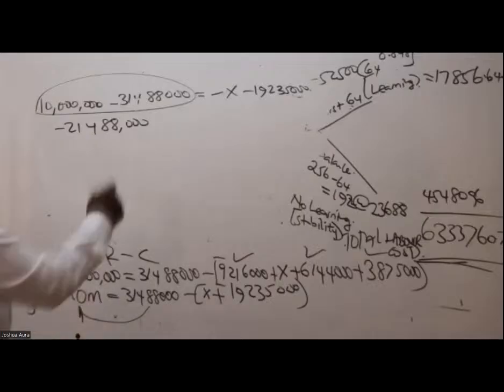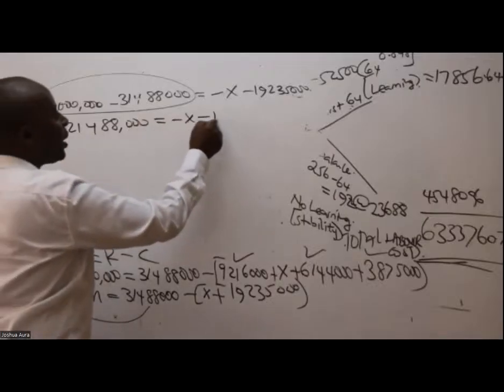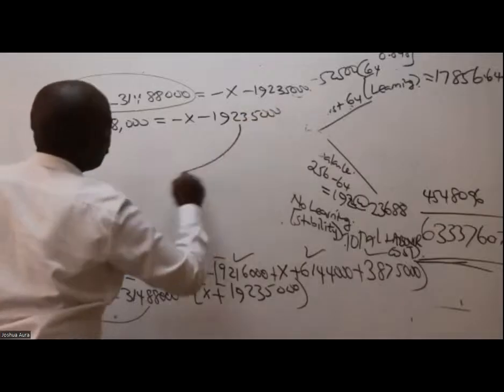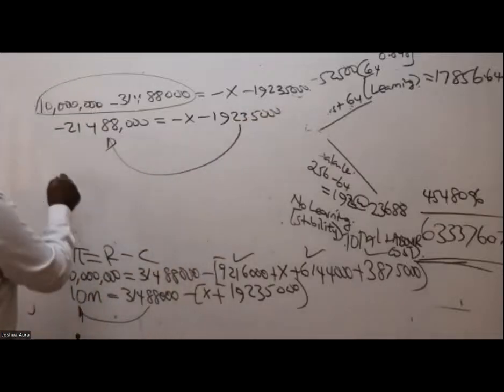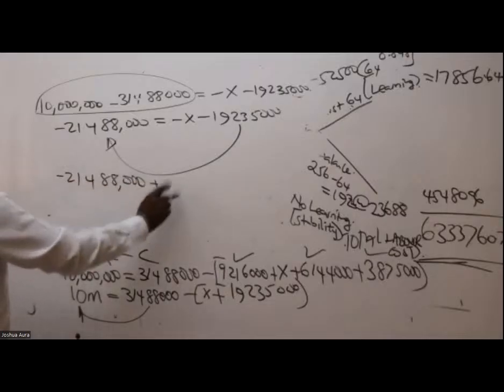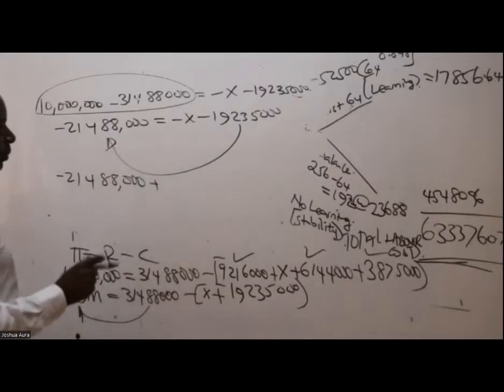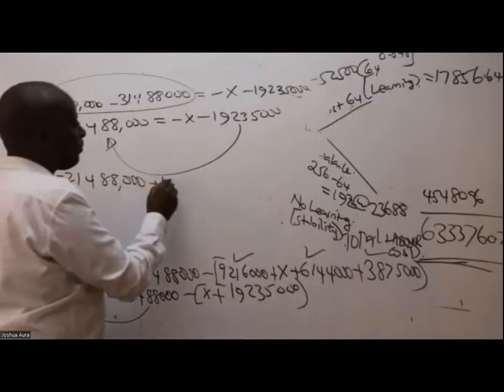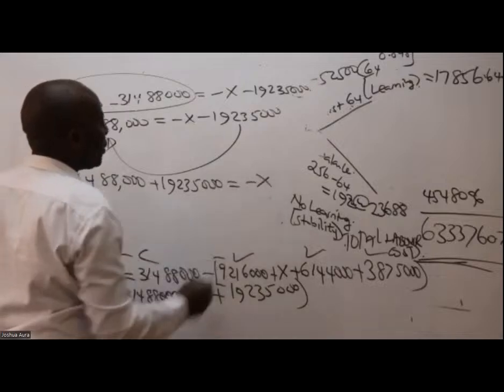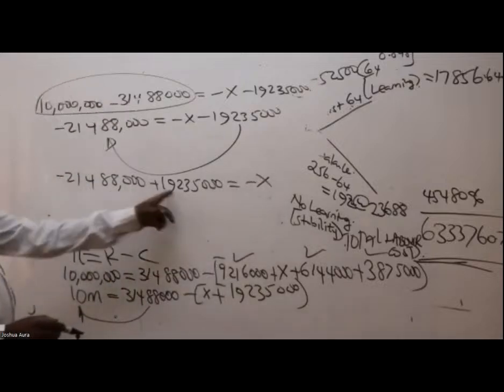Yes. Equals minus X minus 19,235,000. Now we have to have this crossing over. Minus 21,488,000 plus, as this side is negative, so it has to be a plus, plus 19,235,000 equals minus X. So again, could you kindly combine these two?